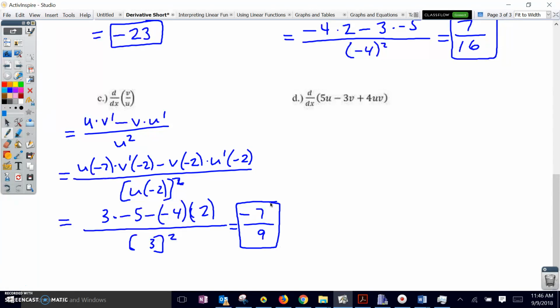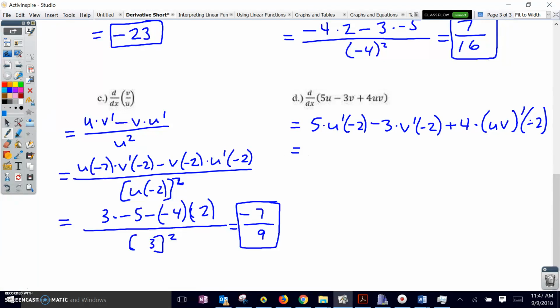And the last example, the derivative of 5u minus 3v plus 4uv. That's going to be 5 times u prime of negative 2 minus 3 times v prime of negative 2 plus 4 times uv prime, which I found earlier, and so I'm just going to use that value in here.